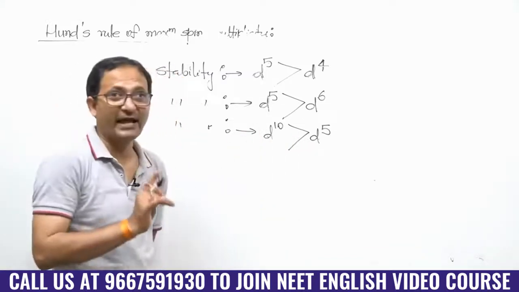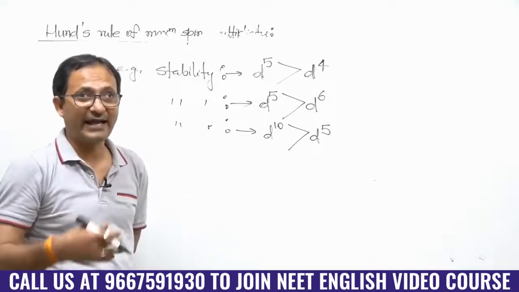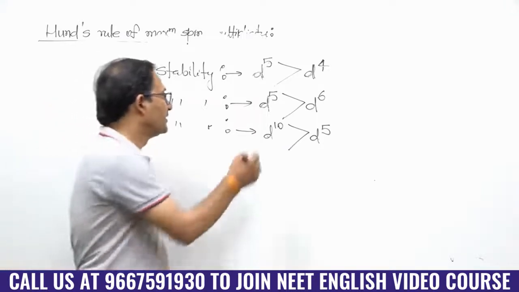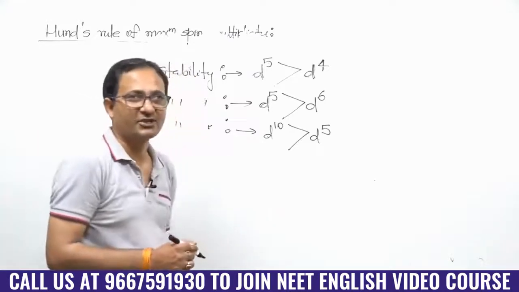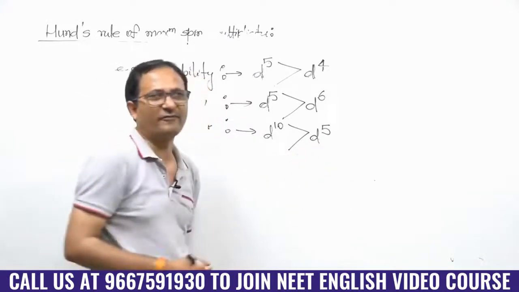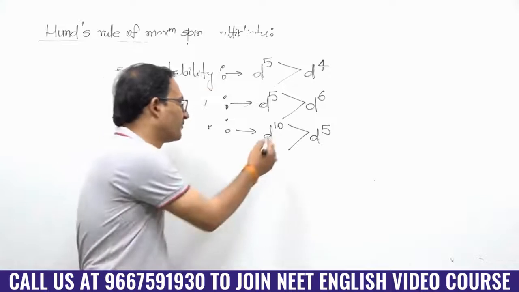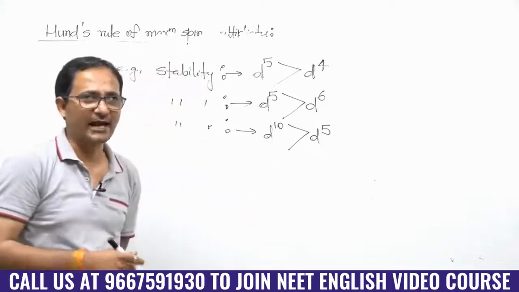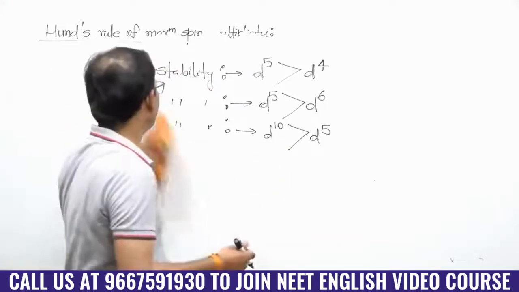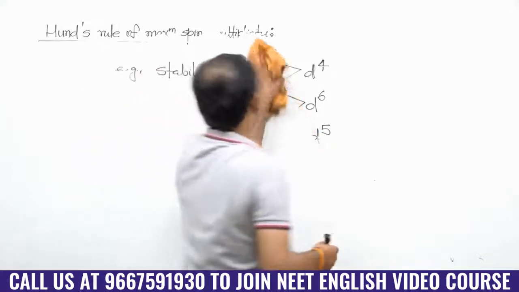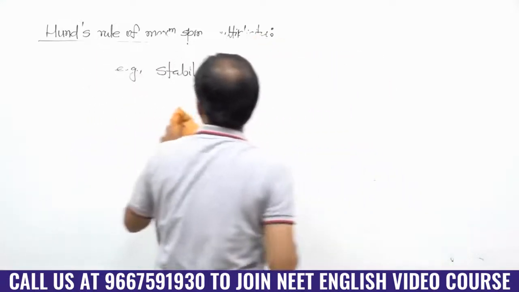But we can use the exchange energy concept here. D10 has 20 exchanges, D5 has 10 exchanges, therefore D10 will be more stable than D5.